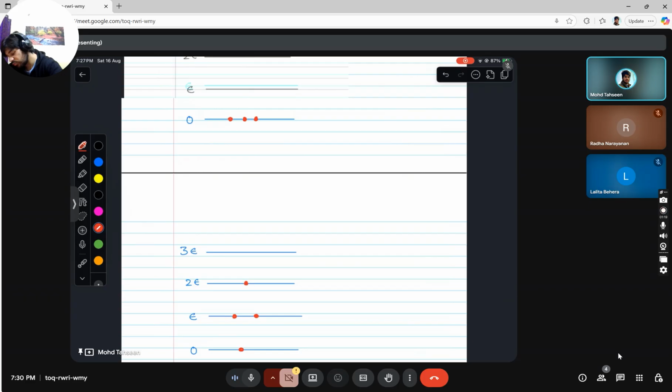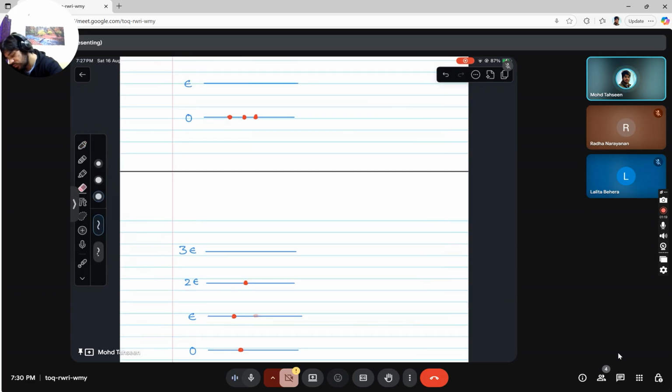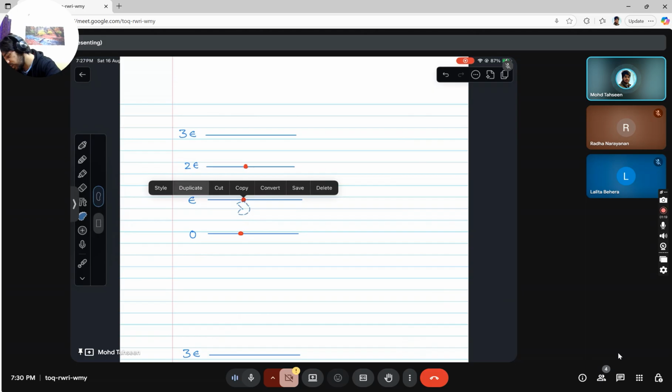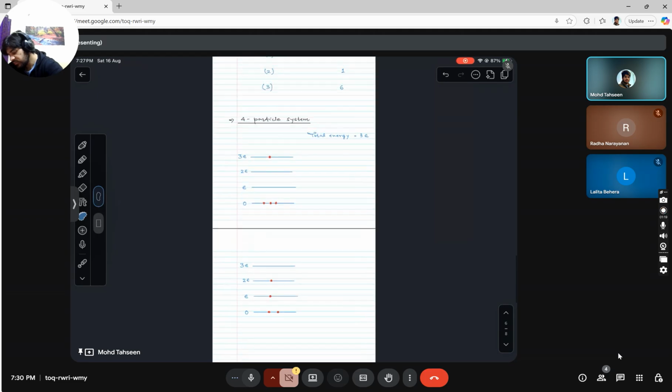No, this won't work, because the energy is increasing. We only need 3 epsilon energy. So we put 1 here and 1 here. This also has 3 epsilon as the total energy.